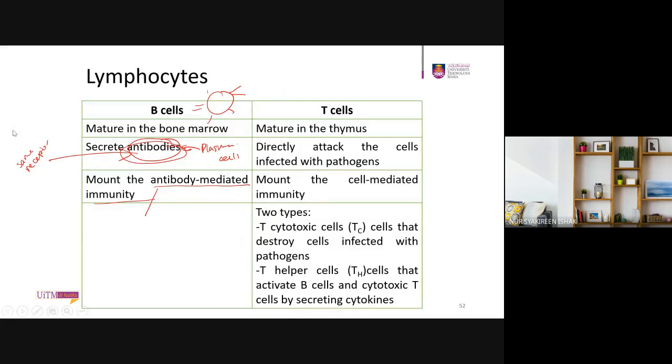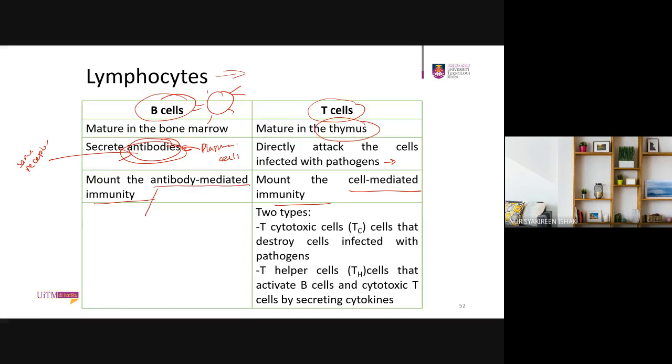Okay, so for T cell, tadi apa, all the lymphocytes are produced in the bone marrow, tapi yang akan jadi B cell dia akan mature and maintain in the bone marrow. Tapi kalau untuk yang T cell dia akan mature in the thymus gland, in the thymus. Okay, so they directly attack the cells infected by the pathogens. So because it attacks infected body cells with that specific pathogen, it is involved in the cell mediated immune response.